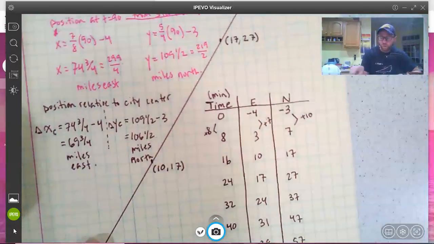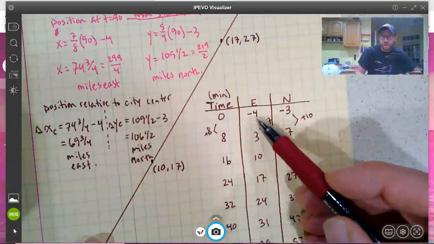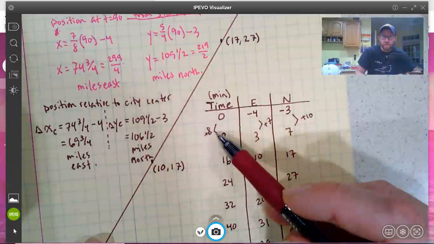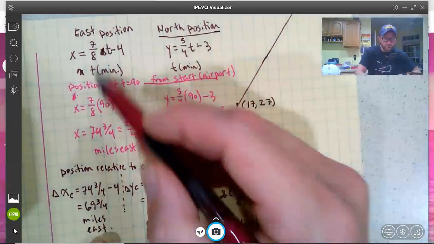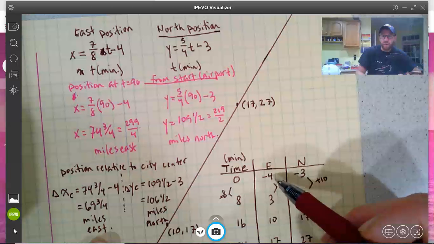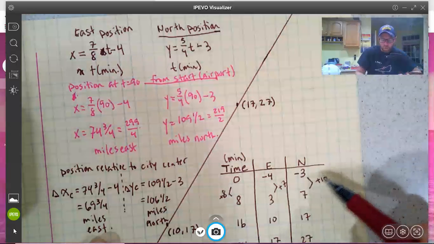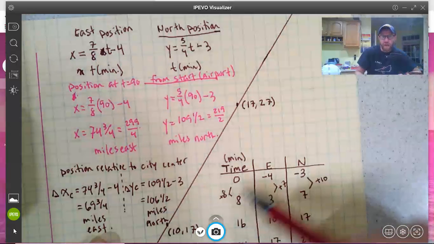To find the rule, we looked up here and we said, okay, the rate of change of the east position is 7 units for every 8 minutes, so that's 7/8. So our rule is x equals 7/8 t, and then we had to add in the -4 to account for the starting position. For the northward movement, our difference is 10 miles for every 8 minutes.